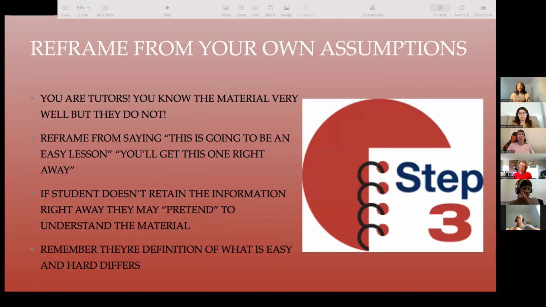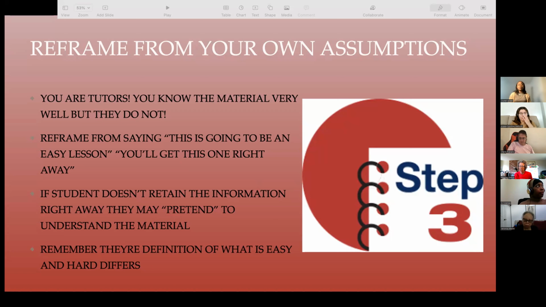You shouldn't have a problem, because if they are doing that lesson and they don't get it, it could make them feel bad because they're not getting the lessons as quick as your other students, or they're not meeting your expectations of getting it right away. That makes them withdraw and pretend like they understand the material, and that defeats the purpose of tutoring.